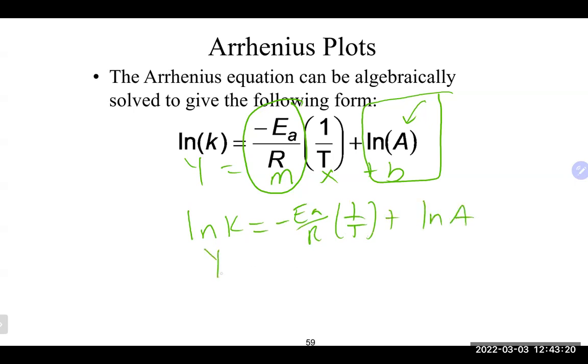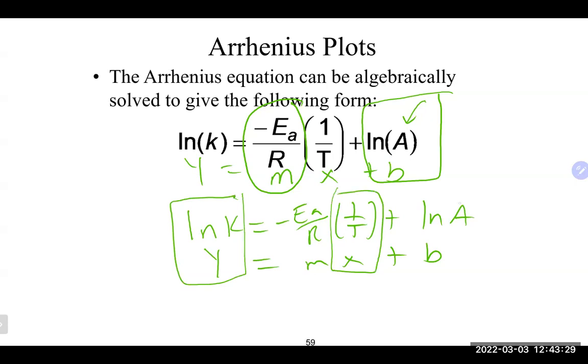And that is, again, y is equal to mx plus b, which means what we graphed was the natural log of k, and on the x was the 1 over T. And from this equation, the relationship to that line is basically the y-intercept, which is b, where the line will cross the y, is actually equal to the natural log of the frequency factor. And so when we solve for it based on the equation, the line, that's how we get to the frequency factor from there.